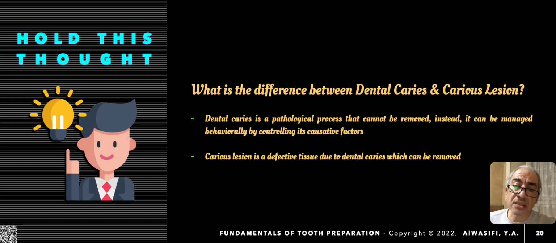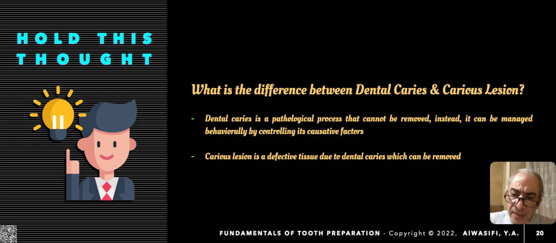That's why we mentioned in our introduction to this topic that the aim is to design a prepared cavity for repair of defective tissues, not for treatment of dental caries. A carious lesion is the defective tissue due to dental caries. That is what we should remove, and we should design a cavity to repair these defective tissues and prevent further defect of it.